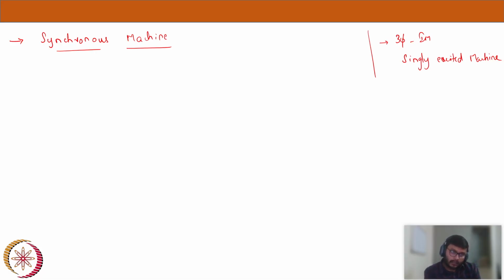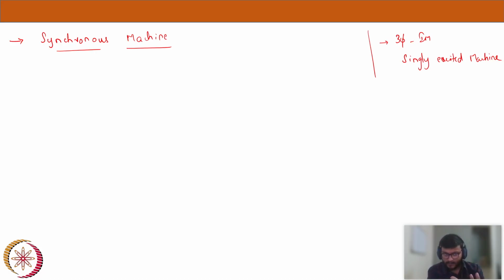Because we are just giving the supply to our stator, my machine will draw some magnetizing current, not the rotor. So whatever magnetizing current is needed for my motor, if it is an induction machine, it will draw the entire magnetizing current from the supply itself.